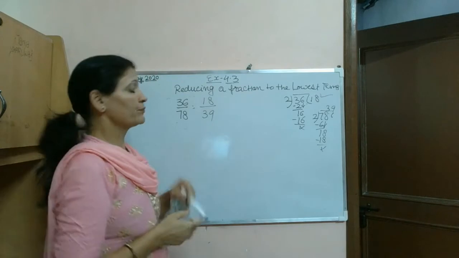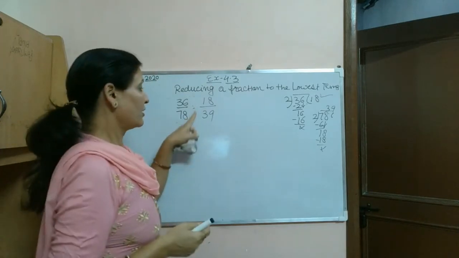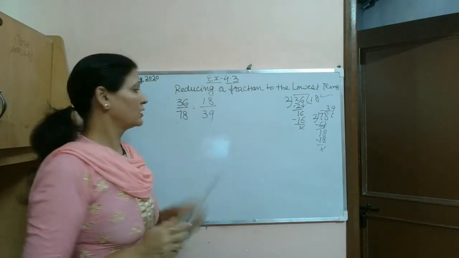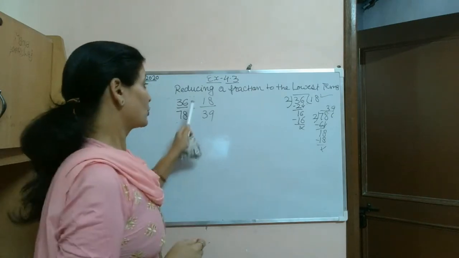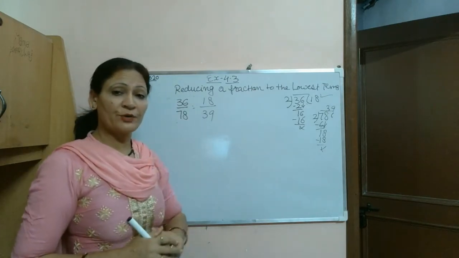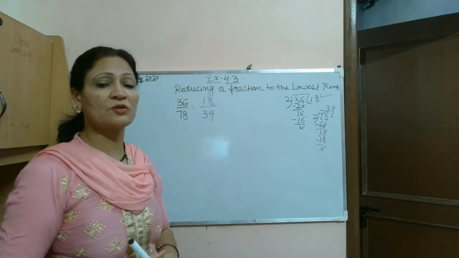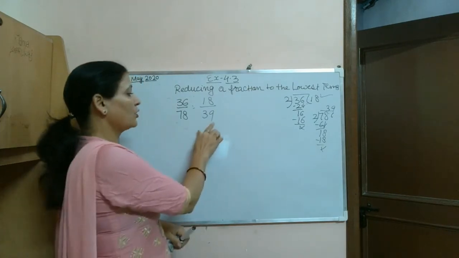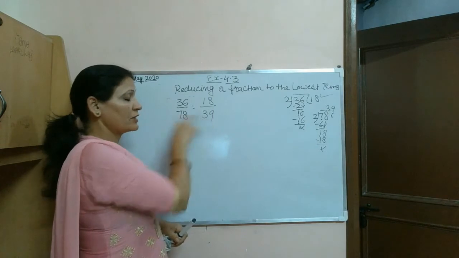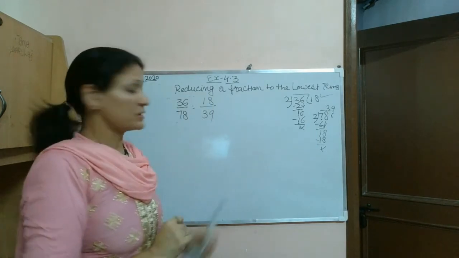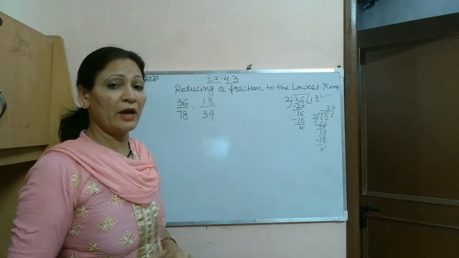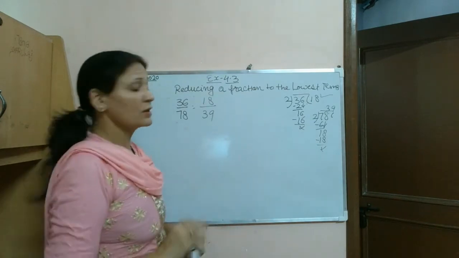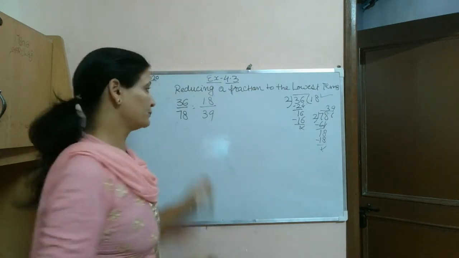Again we will see whether numerator and denominator cancel by 2 or not. 18 is cancelled by 2 but 39 is not, because it is an odd number. An odd number is not cancelled by 2.